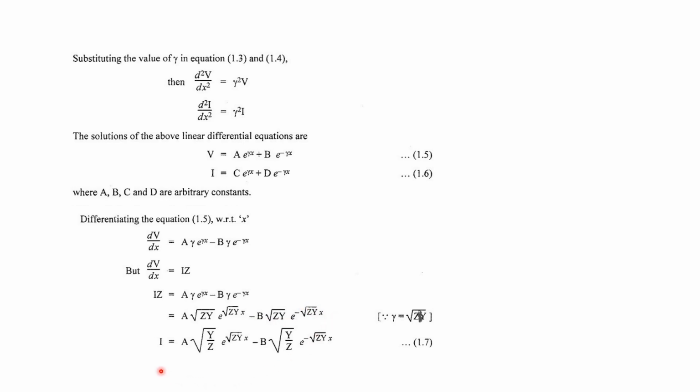And the equation here is I into z. So bringing this z to the right side, it will be root zy by z. So it becomes root of y by z, and a root y by z e power root zy into x minus b root y by z into e power minus root zy into x.